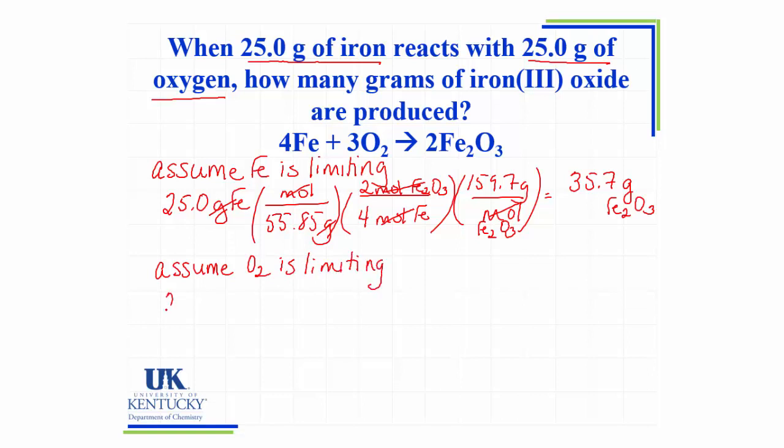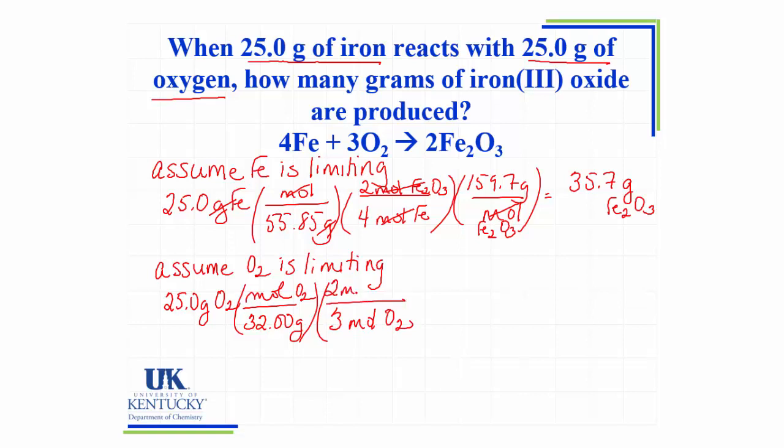We still start the problem looking at 25 grams of oxygen, but now we have to use a different molar mass because we're looking at oxygen instead of iron. So we have 32 grams per mole of O2. We set up our mole-to-mole ratio. Based on our balanced equation, we have 3 moles of O2 for every 2 moles of Fe2O3.